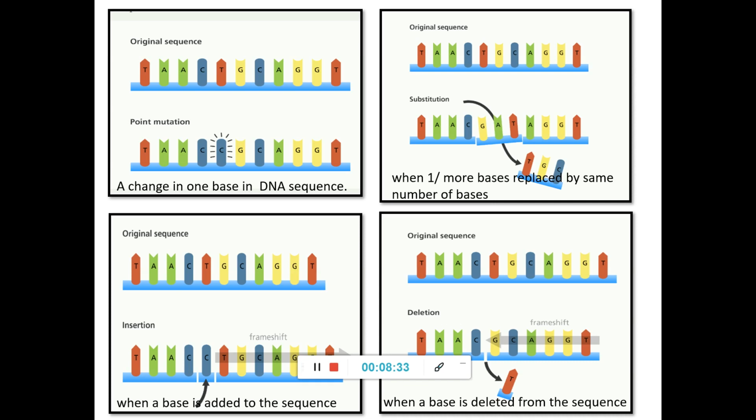Another thing in this picture that we need to note is that we all know genes code for certain proteins, and these genes are read in the form of codons. That is, every 3 nucleotide bases will code for an amino acid. Now in the first case as well as in the second case, that is in point mutation as well as in substitution, if you consider this as the start of a gene, you have TAA.